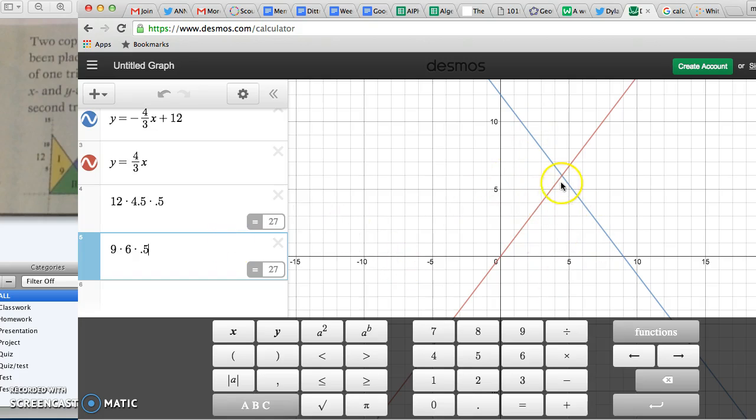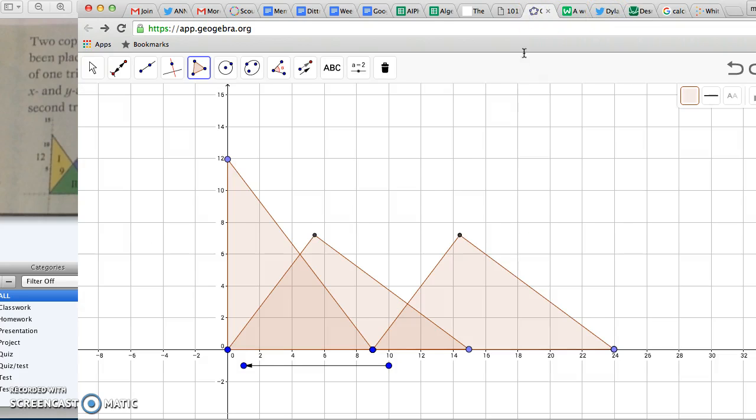This region is 27. We've got two regions. What's the last region? Area is 27, area is 27. Does this area have to be 27 as well? I think this might confuse us a little, so let's look at it over here.